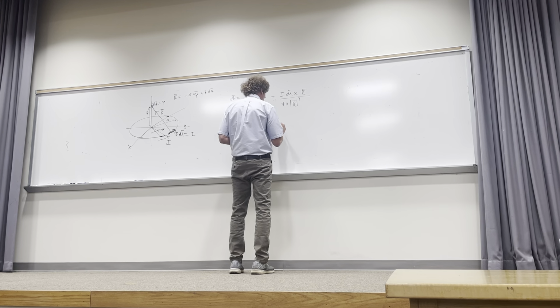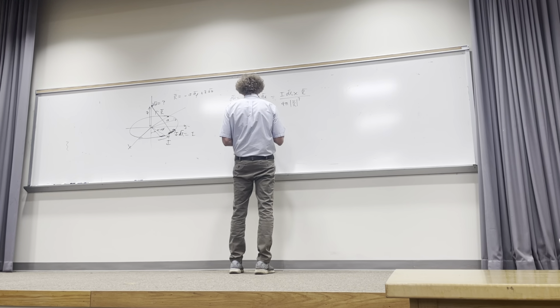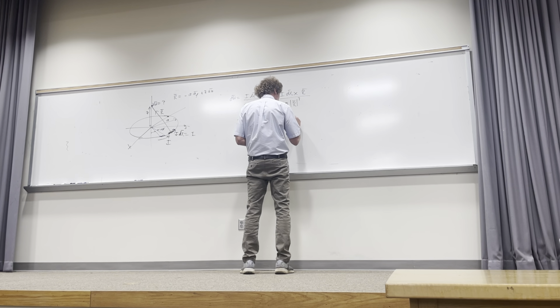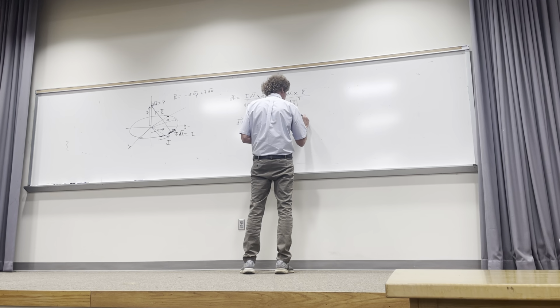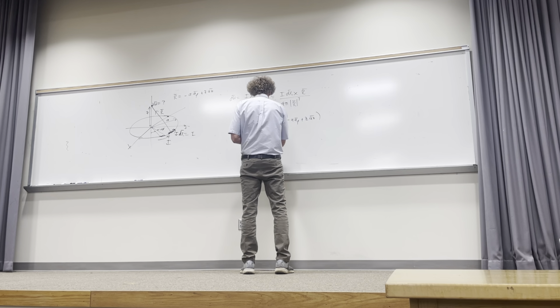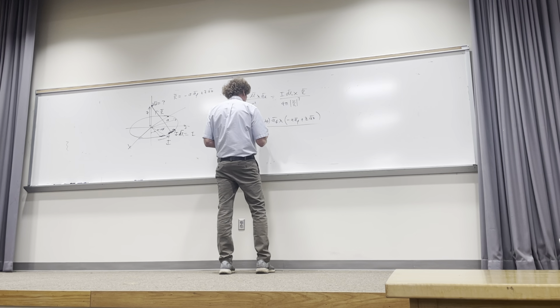That's crossed into R, and R in this case is minus a rho plus z a_z, over 4 pi, and then it's R cubed.